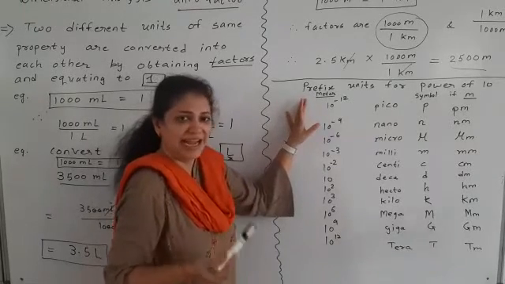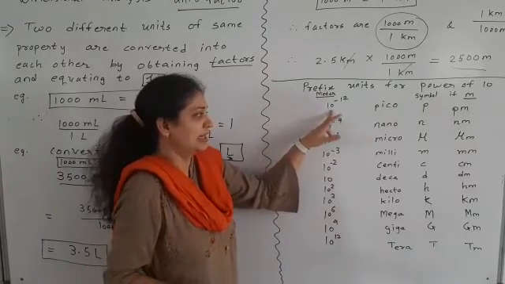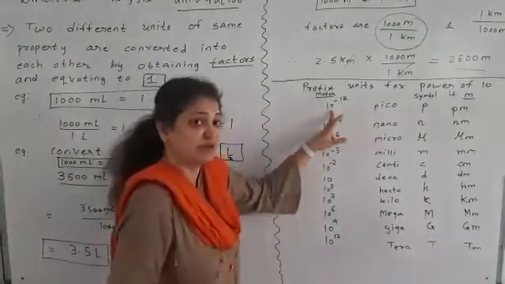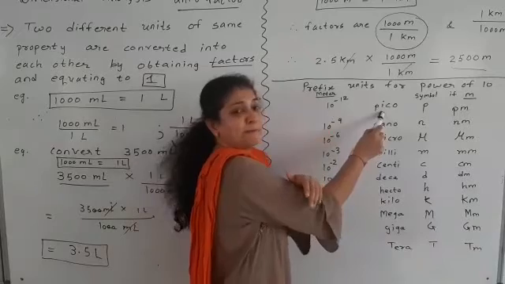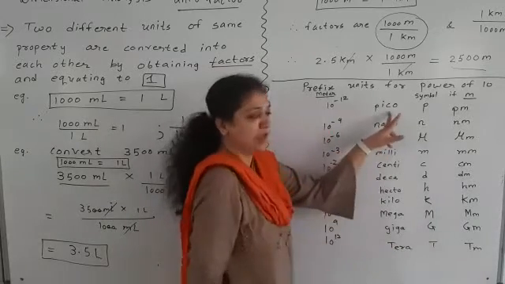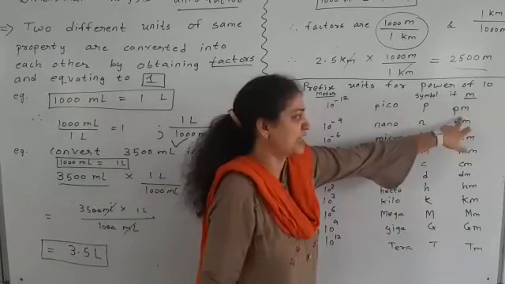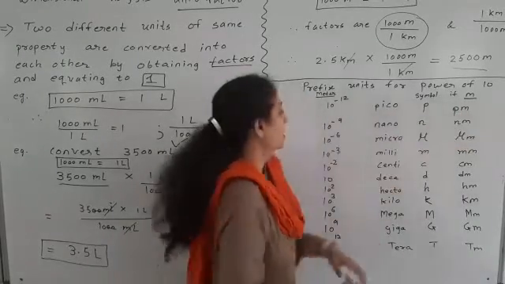Suppose a physical entity is 10 raised to minus 12 meter. It is called pico, symbol P, written as pm, picometer.